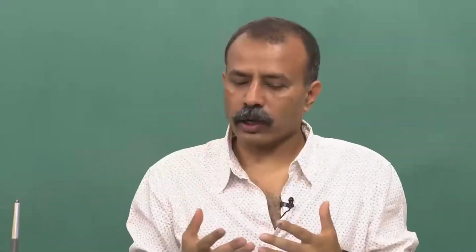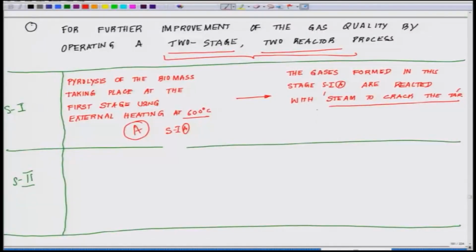You remember I told you in a previous class that you can convert the tar into high quality gases, but you need technologies. Okay. So, now this is stage B of stage 1, S1B.